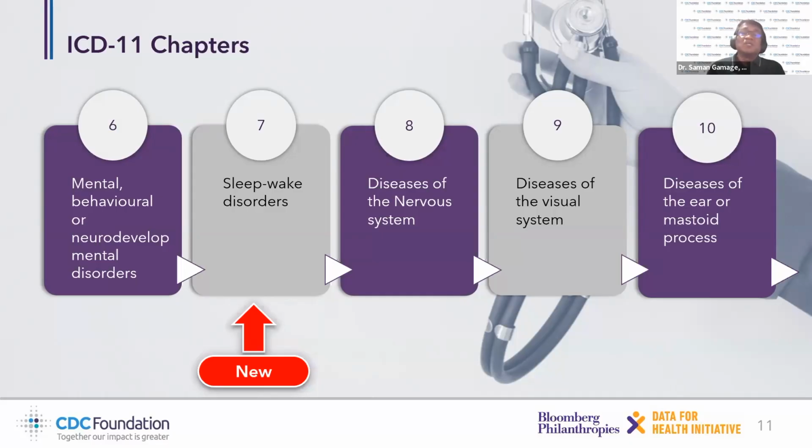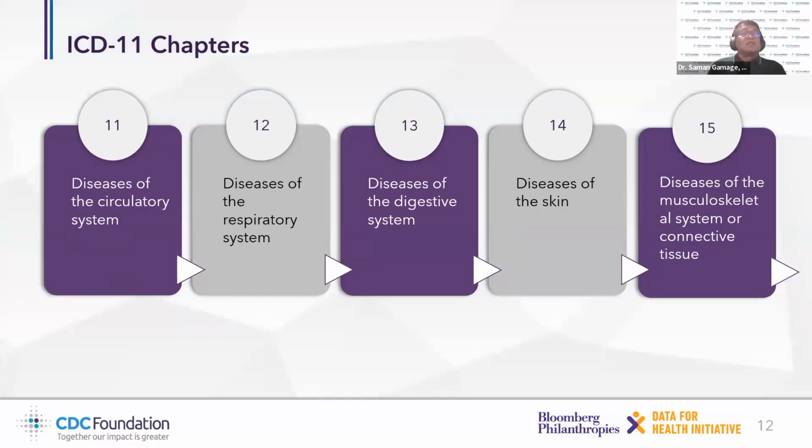Visual system is chapter 9, and chapter 10 is diseases of the ear or mastoid process. Chapter 11, circulatory system. Chapter 12, respiratory system. Chapter 13, digestive system. And diseases of the skin come under chapter 14. And diseases of the musculoskeletal system or connective tissue come under chapter 15.